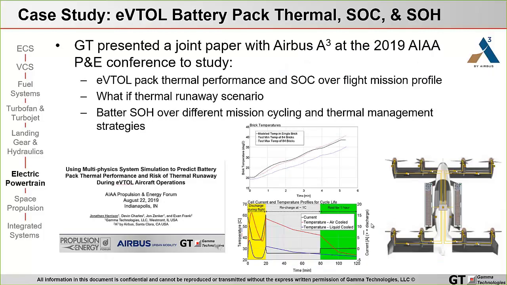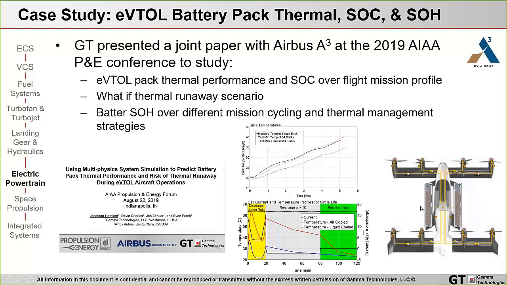Just to look at an example case study that was done, there was a joint paper that we did last year with Airbus's A-Cubed division at the AIAA conference, looking at one of their Vahana aircraft, which has 8 electric motors, and you can see the layout here of what the aircraft looks like.